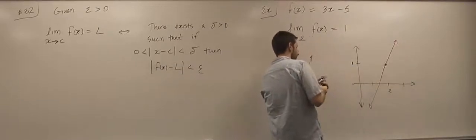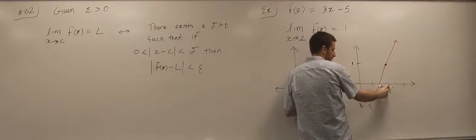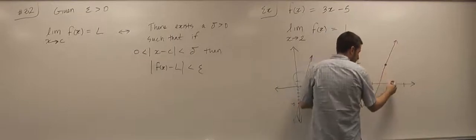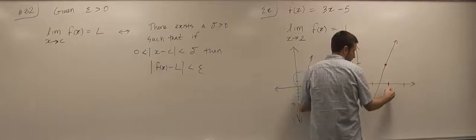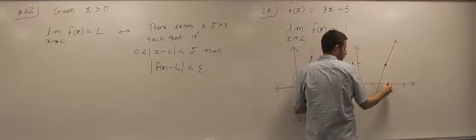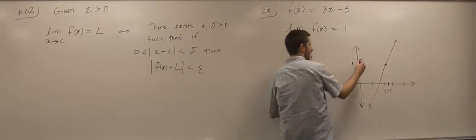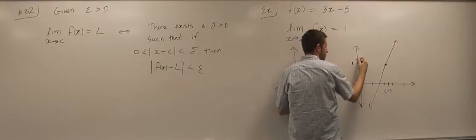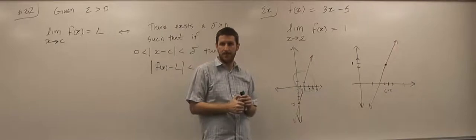So what this definition is saying is that I can find you an x value around, I can find you a sort of width around the c value of 2 because c equals 2 in this particular instance, so that my function stays within 0.09 of the limit 1.